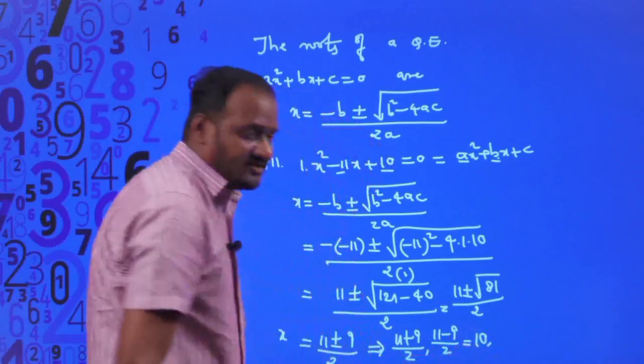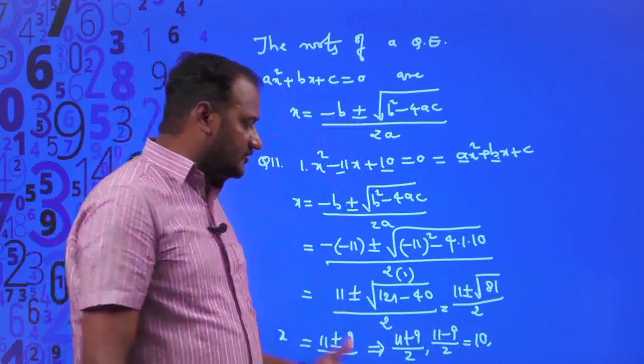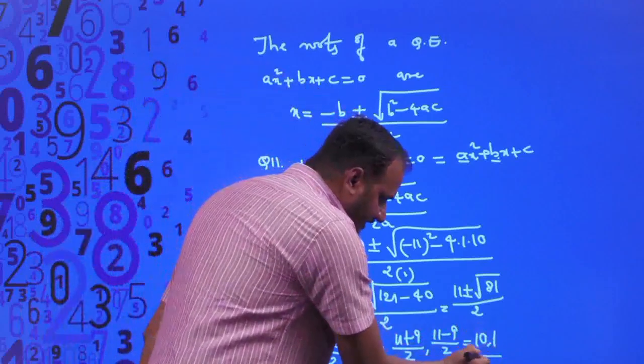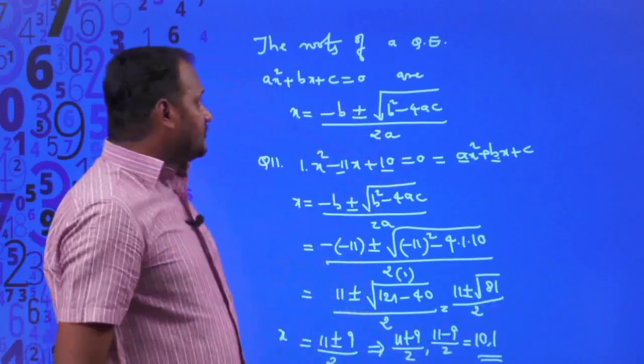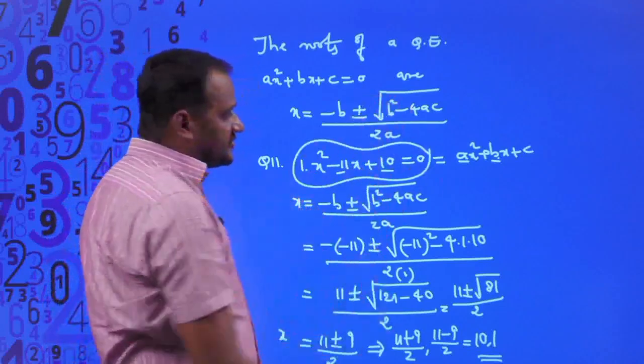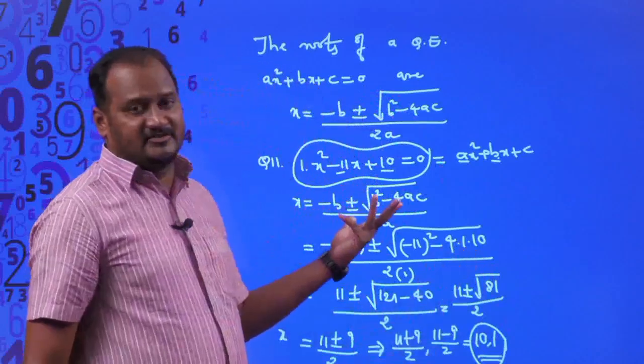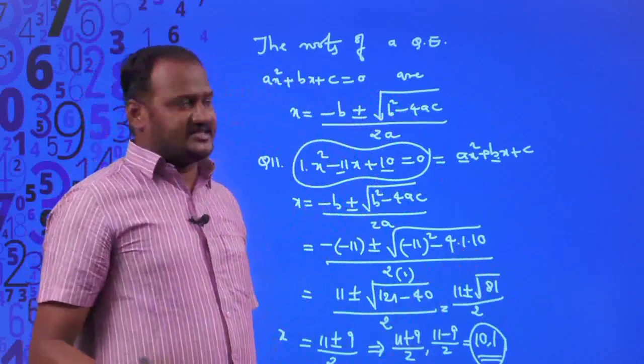So 10 is one of the roots, and 11 minus 9 is equal to 2, 2 by 2 is equal to 1, which is the other root. So therefore the roots of this quadratic equation are 10 comma 1.